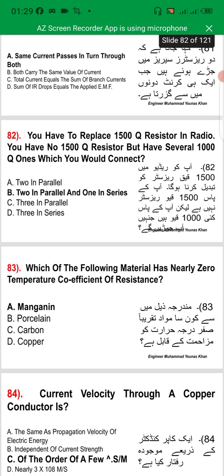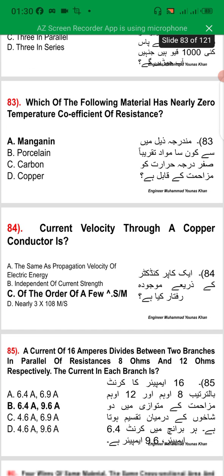You have to replace a 1500 ohm resistor in a radio. You have no 1500 ohm resistor but have several 1000 ohm ones, which you connect two in parallel and one in series. Which of the following material has nearly zero temperature coefficient of resistance?